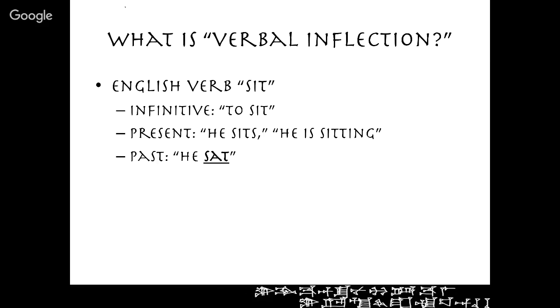So to fall, fell, those sorts of things. It changes the internal structure. That's important because Sumerian does this as well. It adds things to the beginning, it adds things to the end, but in some forms, it'll actually change the way the verb itself is formed, the way it looks. Future, he will sit. Okay.